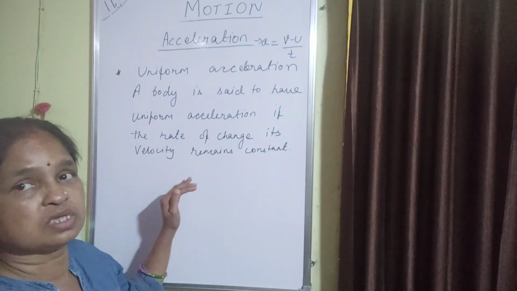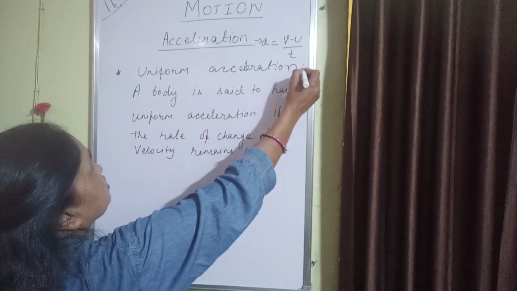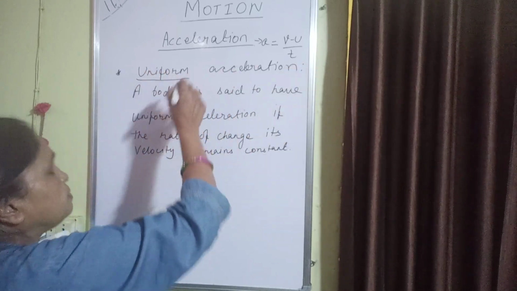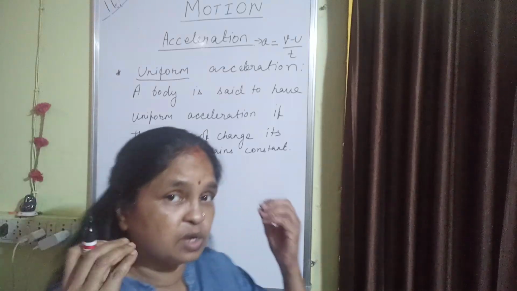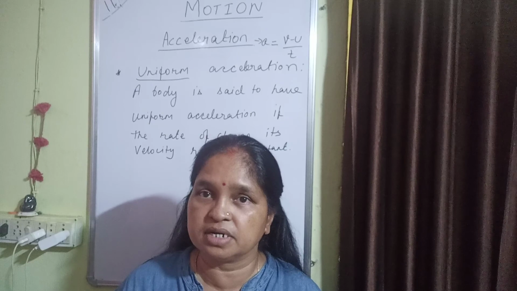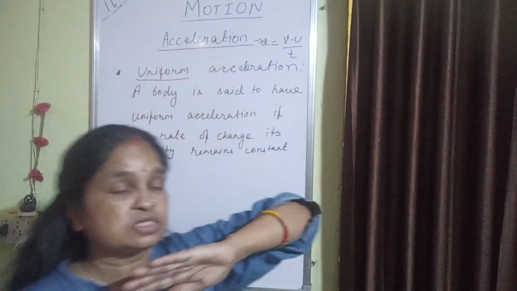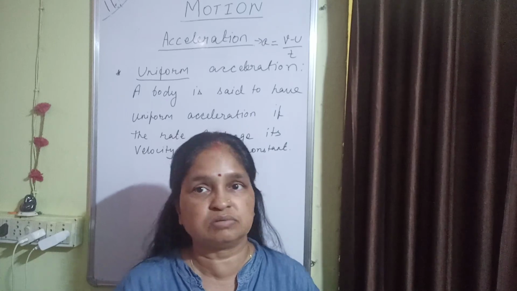So students, you see here, uniform acceleration. What is uniform acceleration? I hope it is fixed in your mind that when the word uniform comes, it means equal distance in equal interval of time. Here we are considering acceleration, that means equal velocity change in equal interval of time.